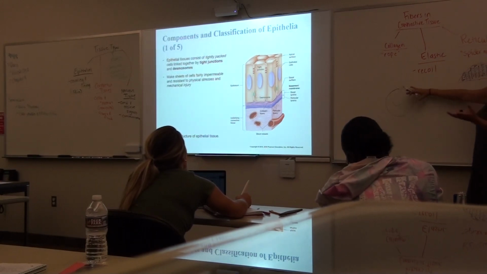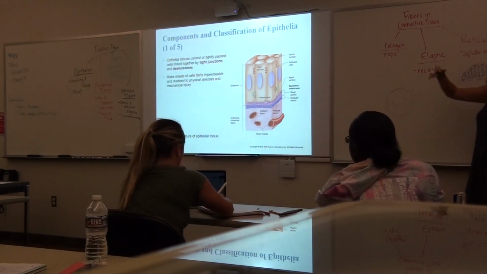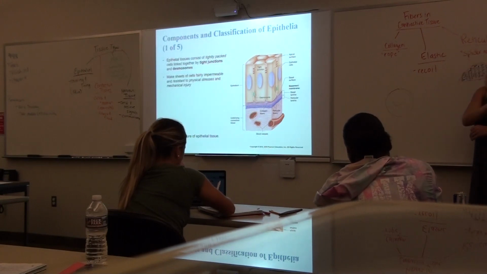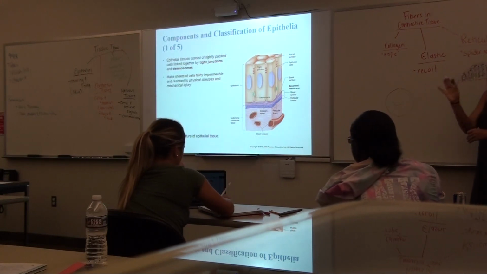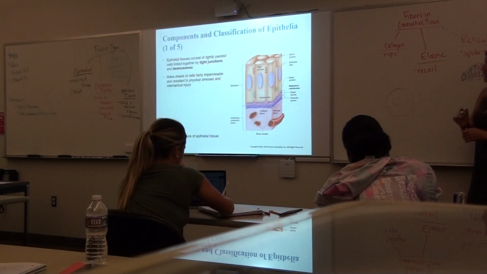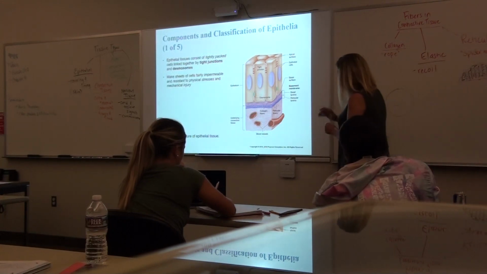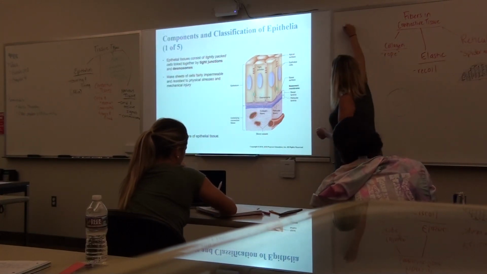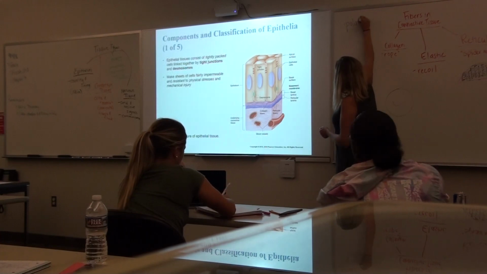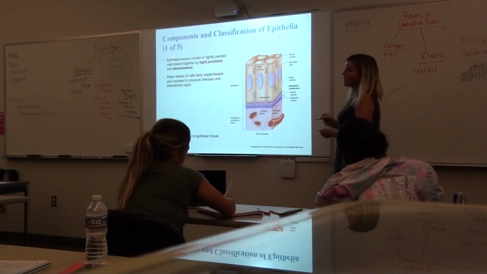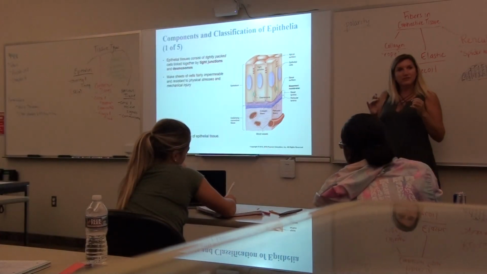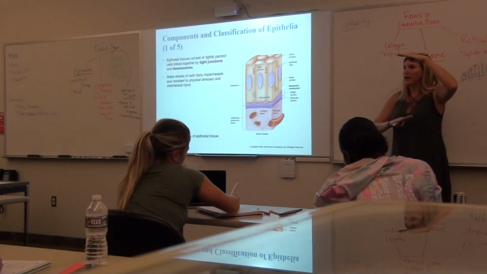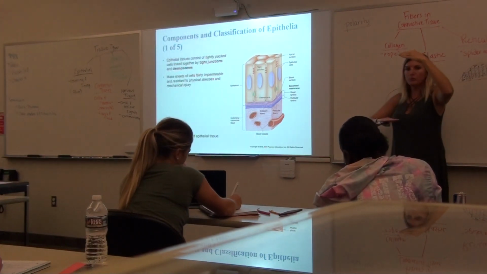A blood cell is a blood cell, whether it's upside down or right side up. Epithelial tissue is not like that. Epithelial tissue has a top and a bottom to it. It's called polarity. And what that means is that there's literally an up and a down, a north and a south pole, so to speak.